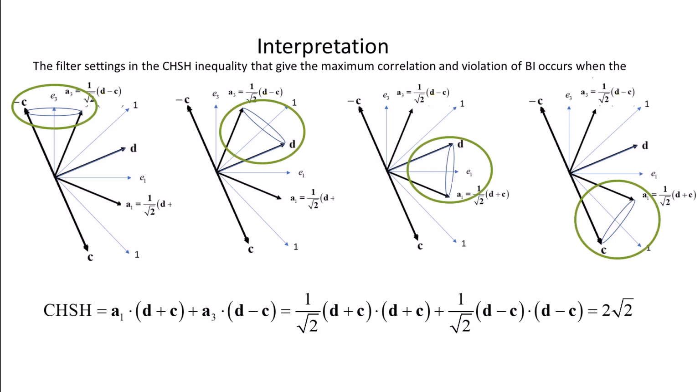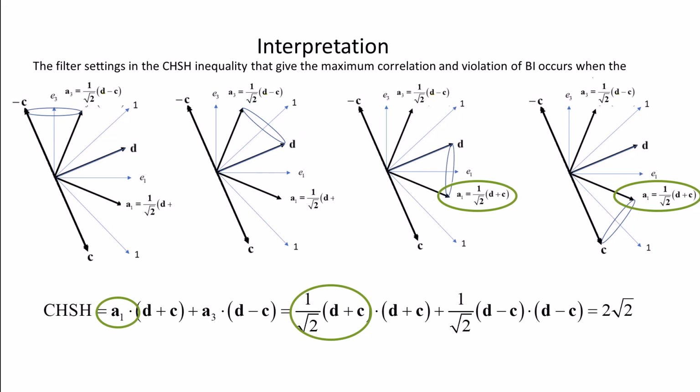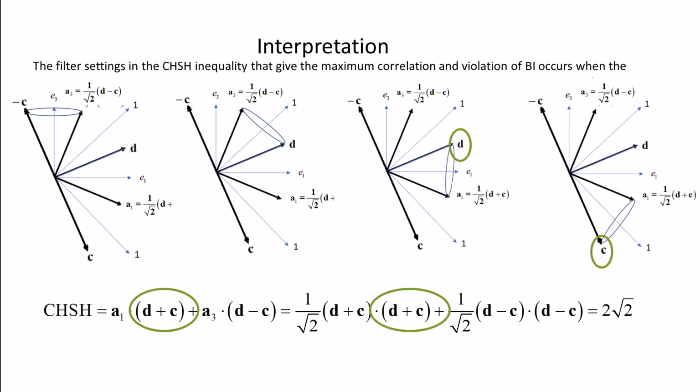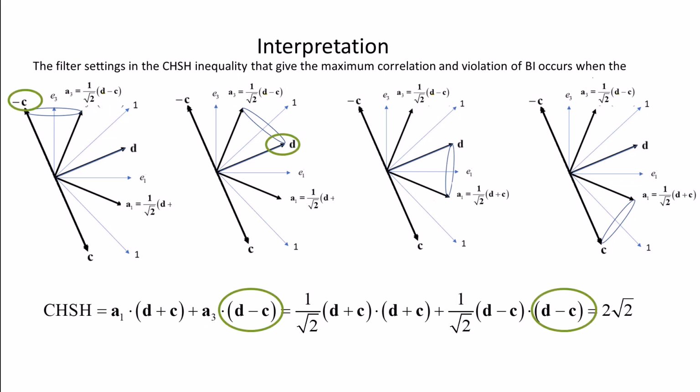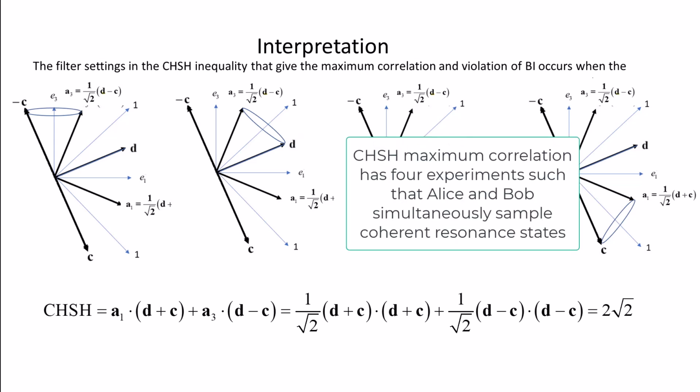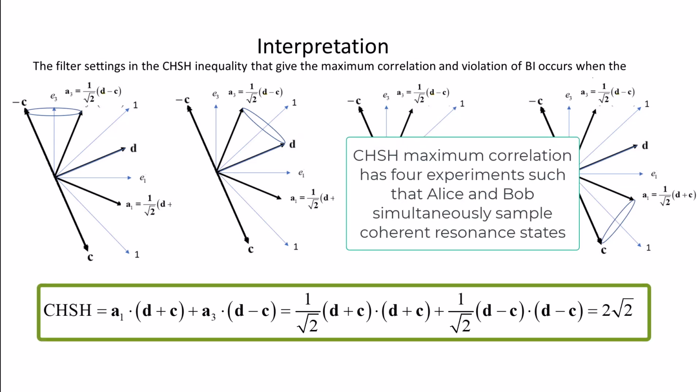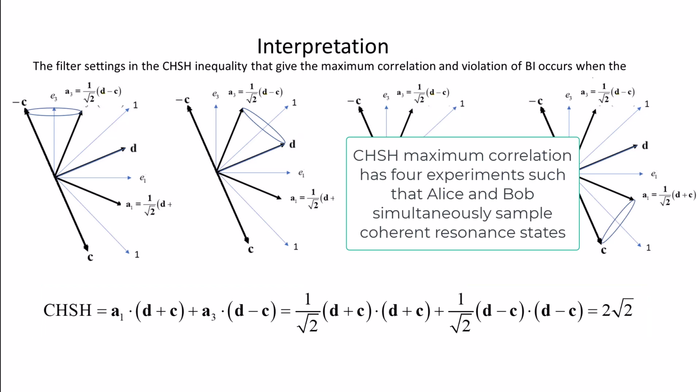There are 4 experiments here with A1, let's say Alice's filter, coupling with Bob's C or D settings. Likewise, A3, let's say again Alice's setting, is coupling with Bob's minus C and D settings. All 4 positions sample coherent spin at both filters. So the CHSH equation represents 4 experiments, each separated by pi over 4.